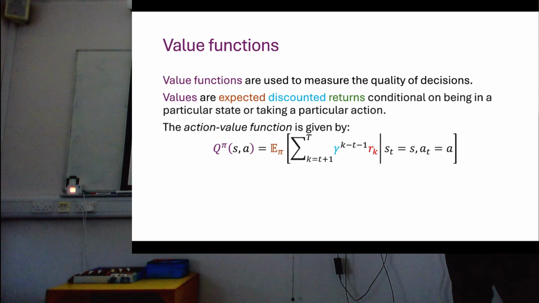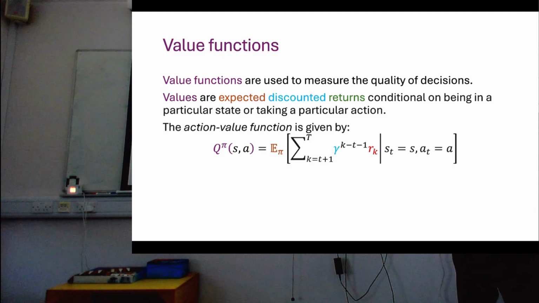And so expected discounted returns, let's work backwards. This thing here is just the sum of all future rewards, which is the return, with a discount for each time step I go forward in the future. So this is the discounted return.